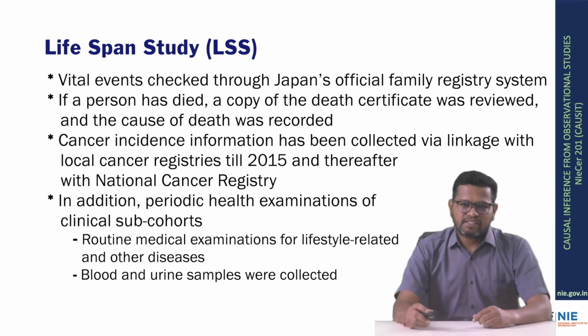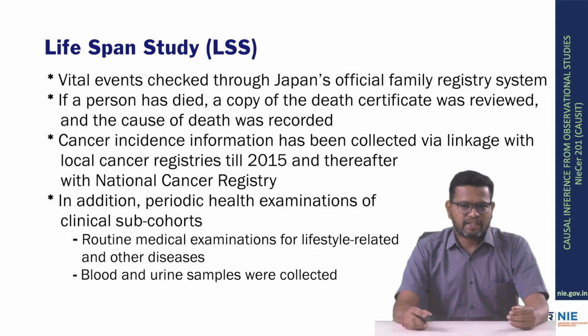Information on cancer incidence was gathered by linking with the local cancer registries until 2015, and from then on it was linked with the National Cancer Registry. Further, periodic health examinations were conducted in a clinical subcohort which included routine medical checkups for lifestyle related and other diseases, and from these cohorts even blood and urine samples were collected.